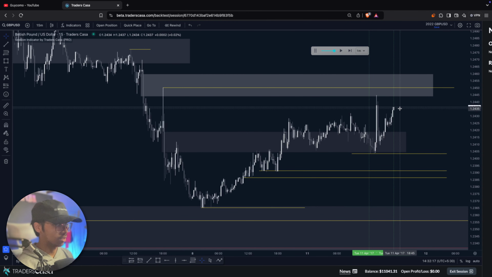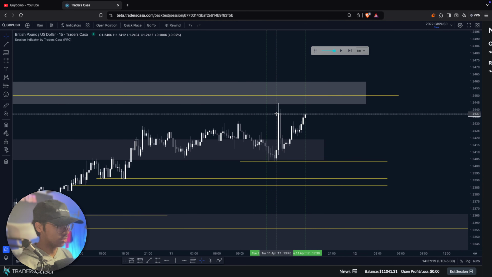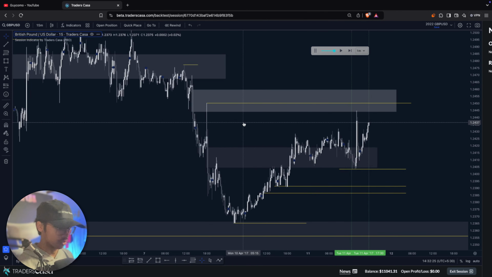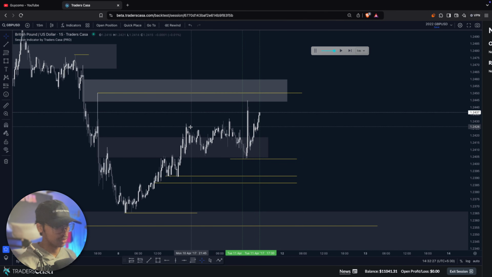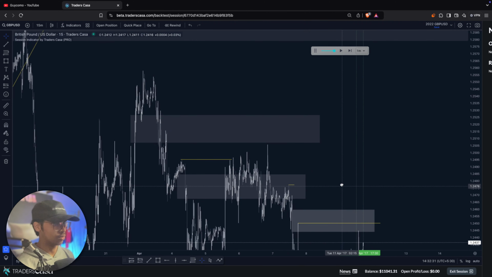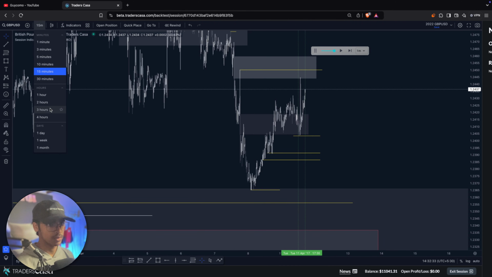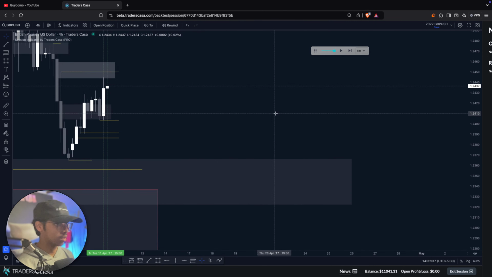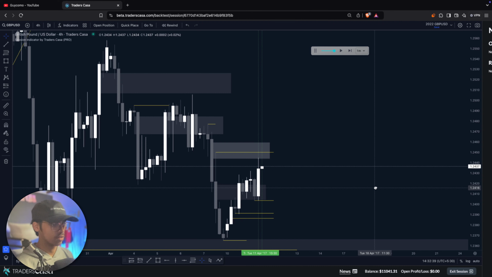The price could certainly break down from this point. This is the London session, again the London session on Monday. Price manipulated mostly on Monday and Tuesday. It might be that the price wants to go lower. I need a confirmation.